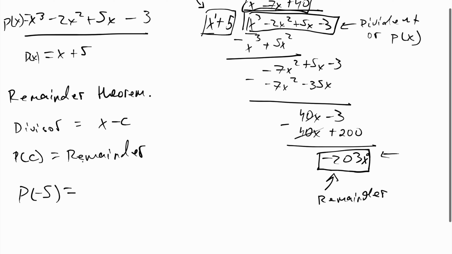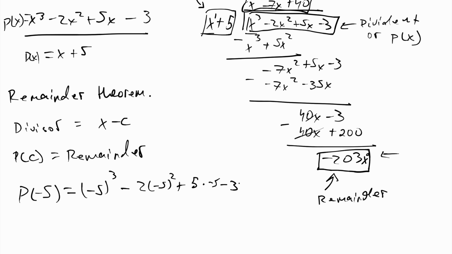I have to have my calculator for this because this might be a little bit complicated. p of -5 would be -5 cubed minus 2 times -5 squared plus 5 times -5 minus 3, okay? So let's go ahead and calculate this. -5 cubed would make -125.